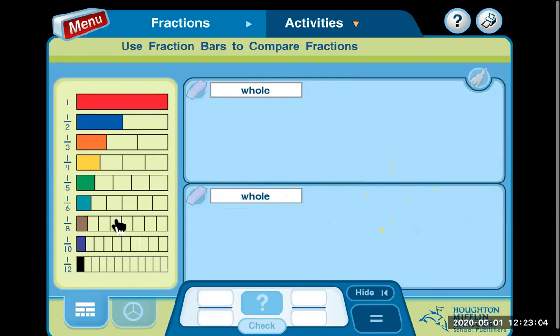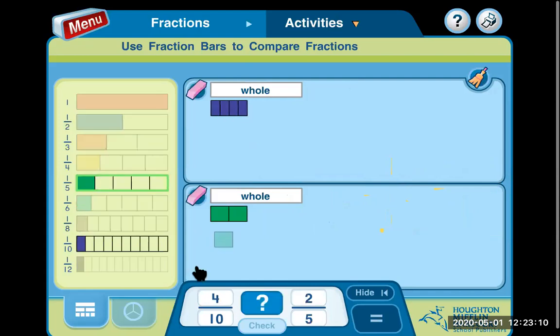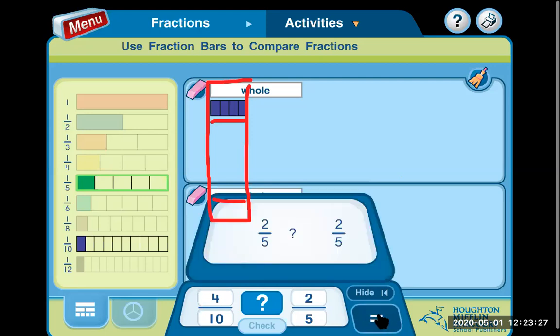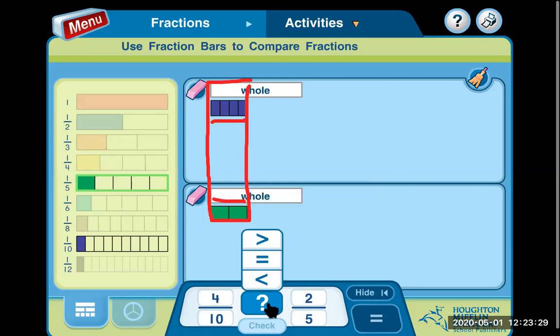I'm going to put 4/10 here, and I'm going to put 2/5 here, and then you can see that they take the same amount of space in our whole. They are the same length, and if they are the same length, that means they are equivalent, and we would put an equal sign in between them. Okay?